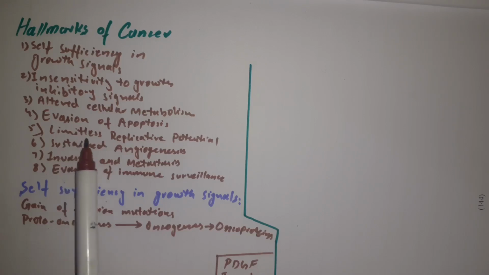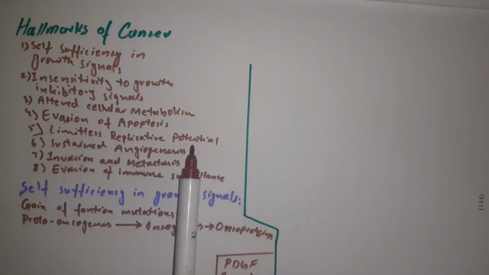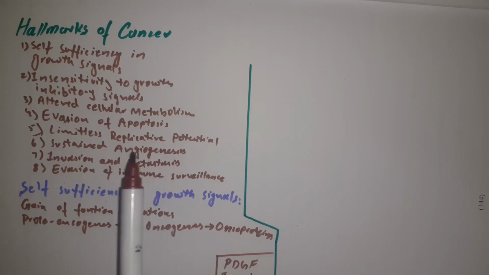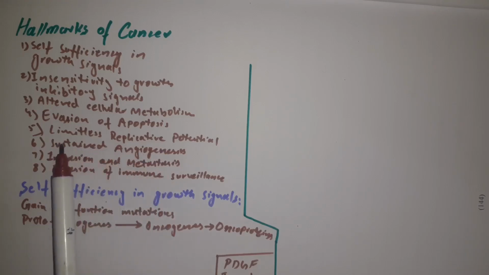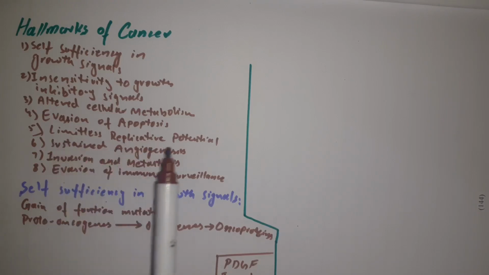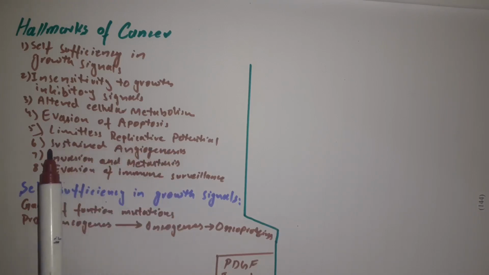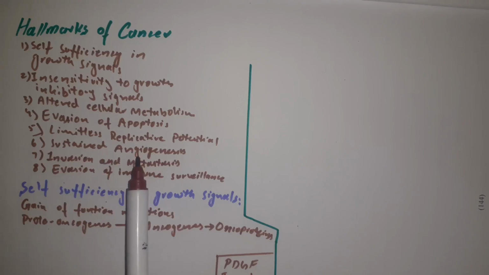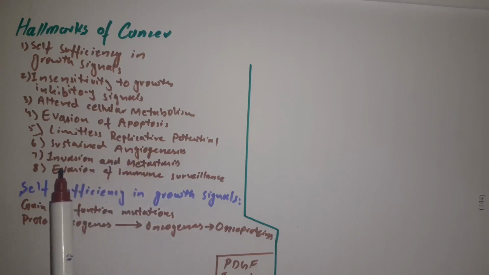They gain limitless replicative potential. We know that in a normal cell the telomere gets shortened with every division, and as it gets shortened, the replicative potential of the cell declines. However, cancer cells make rearrangements in their telomerase as well and get limitless replicative potential. Moreover, they synthesize factors which lead to sustained angiogenesis, or formation of new blood vessels which supply them blood and nutrients for their survival.